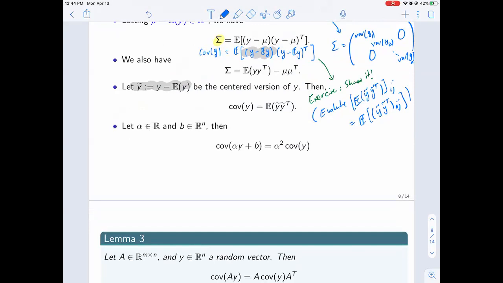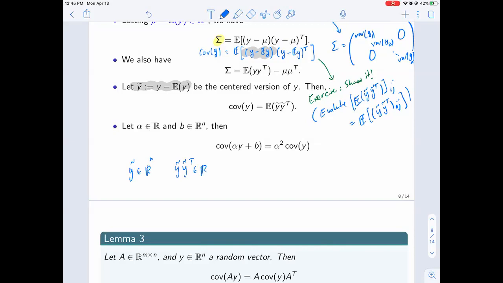Okay, so what I want to do is ask you, what is the dimension of y tilde? It's the same as y. It's just in Rn. So what is the dimension of y tilde transpose?